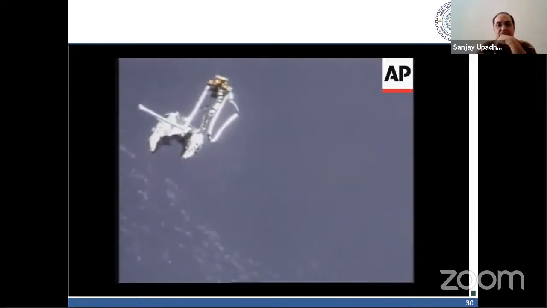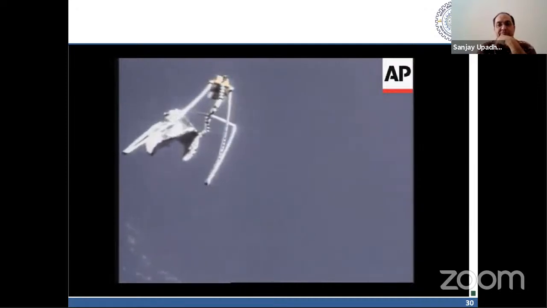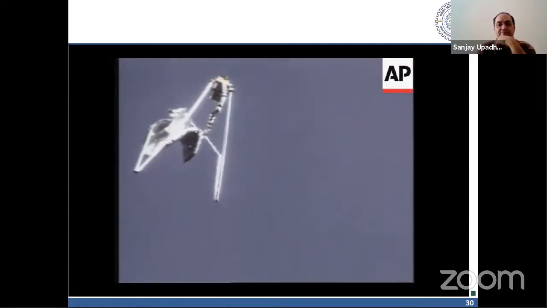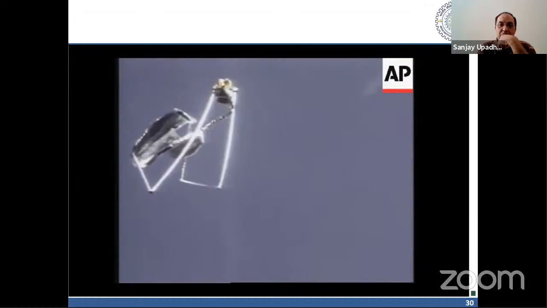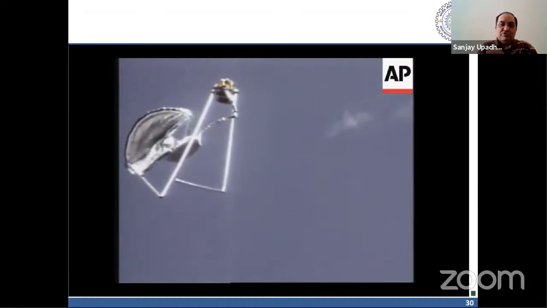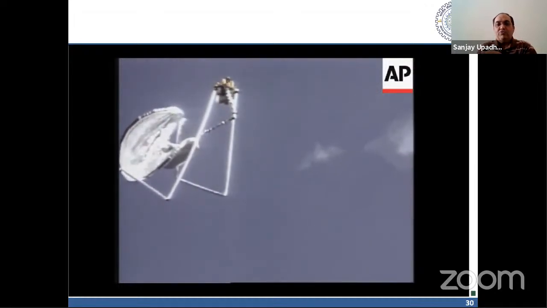The inflatable struts inflate first. Now it is going to start opening the reflector with the help of the torus.